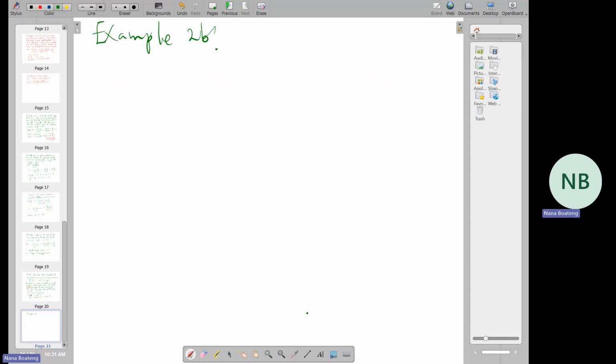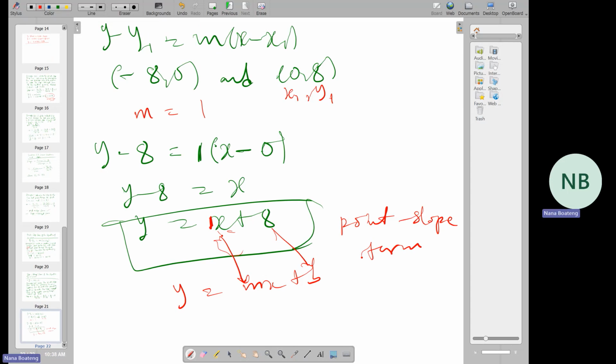All right, let's look at an example of how to graph an equation using the slope-intercept form. So this will be our example 3.